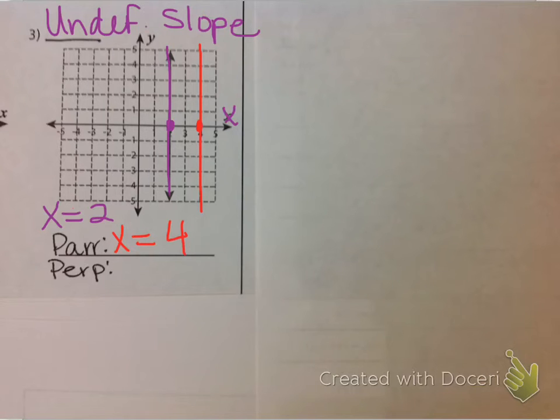Now for perpendicular, we need a line that goes this way and makes a 90-degree angle. So I can pick any of those lines. I just need to pick one and write the equation. So I'm going to go ahead and pick this line right there. This one crosses the y-axis right at that point, and it never touches the x-axis. So this line is just going to be y equals negative 3.